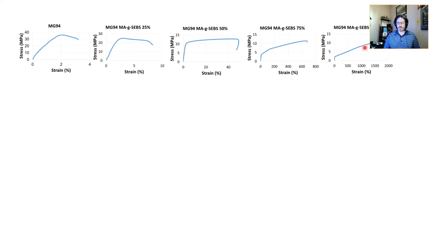And then we went to mostly rubber, so this MAG SEBS is SEBS with a maleic anhydride graft, excuse me, so we're 90% thermoplastic rubber. And you see a big difference in the percent elongation that the material can undergo during the stress strain test versus where we started.